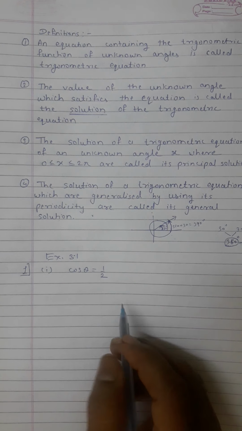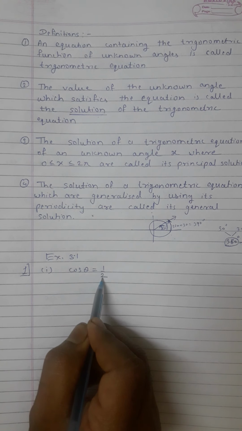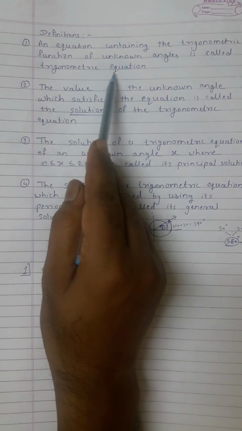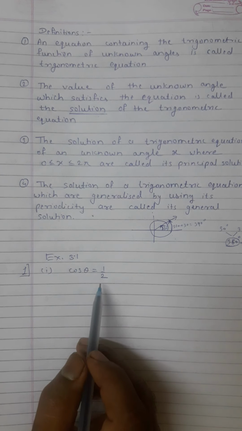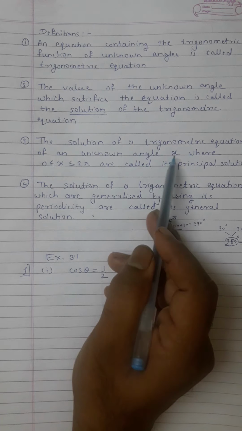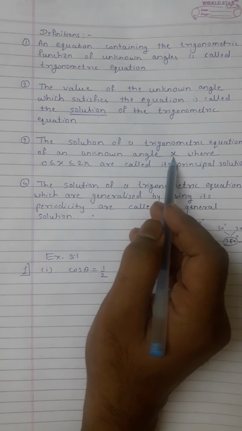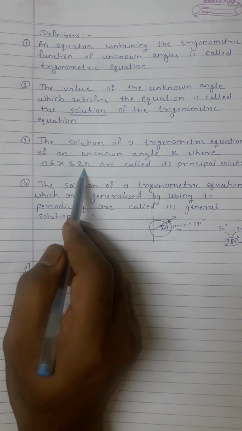This is a trigonometric equation, a trigonometric function equal to some value, which we have seen in the definition. We have to find the principal solution of this equation. Now what is principal solution? Here the unknown angle is theta, which takes values between 0 to 2 pi.